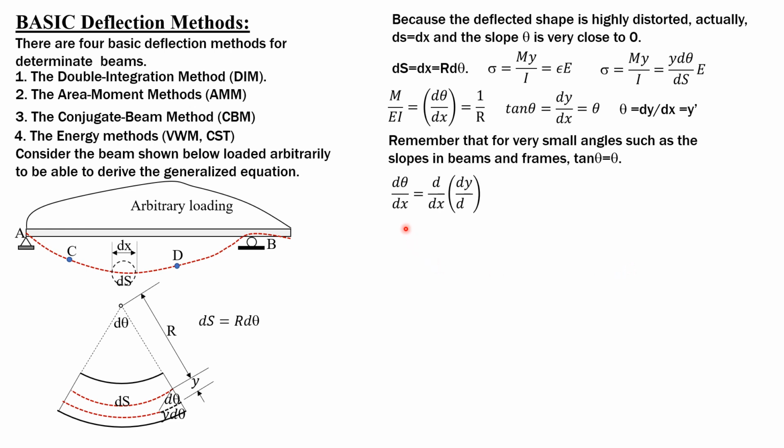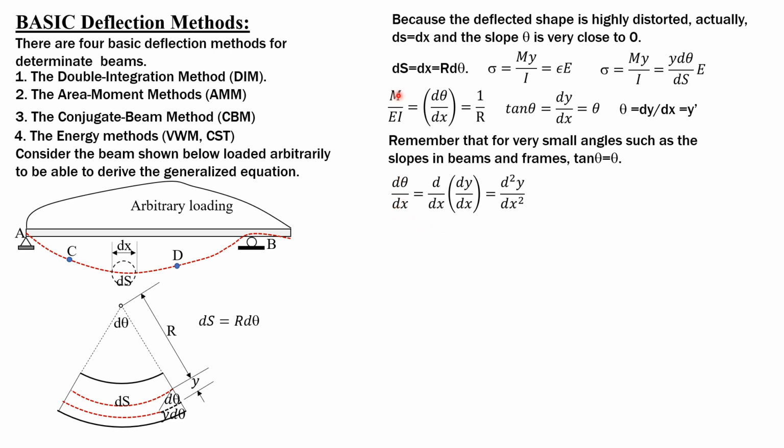So d theta/dx from this expression here is equal to the derivative of theta. Theta is equal to dy/dx, because the angle is very small. Then the derivative of theta with respect to x is the second derivative of y with respect to x.